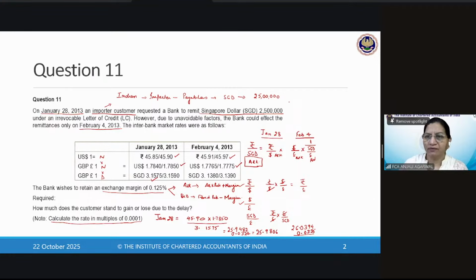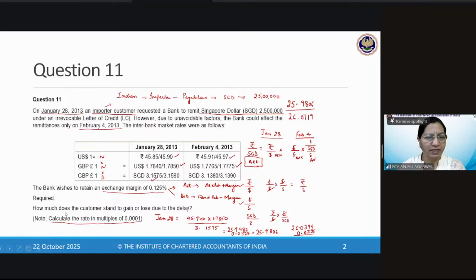So what are the two rates which we have got? 25.9806, this is what we were supposed to pay as on 28th January 2013. And now the rate that is coming out is 26.0719. So this is your final answer in the sense of what rate would be applicable.